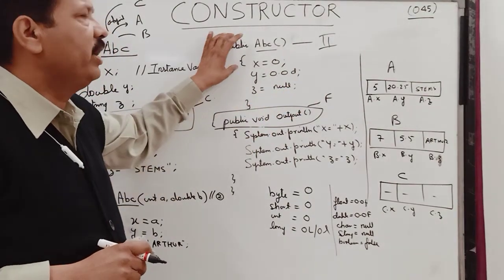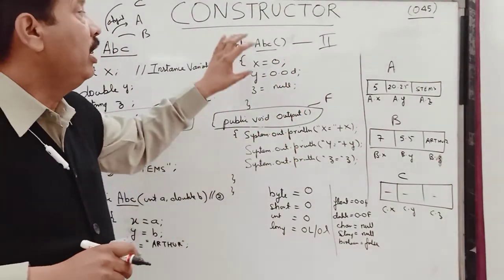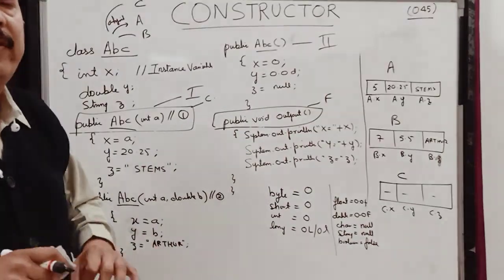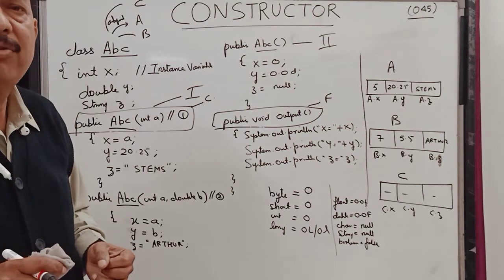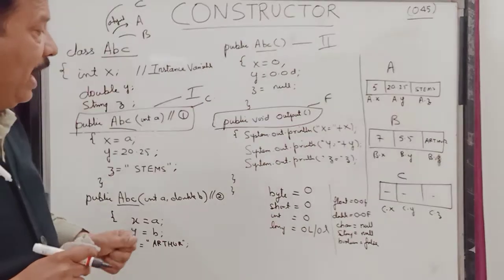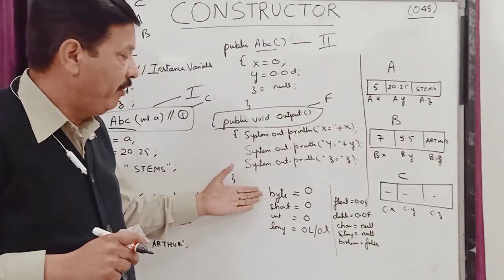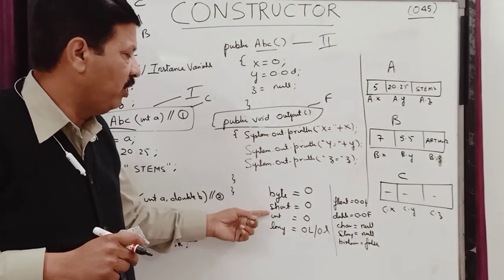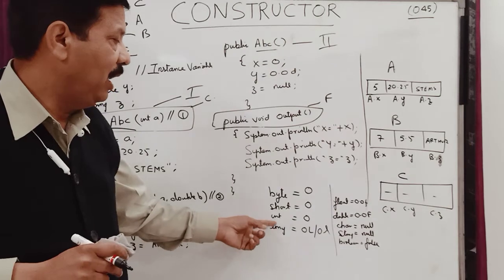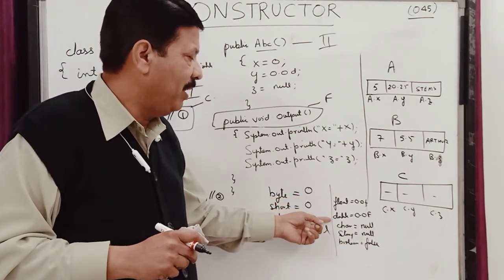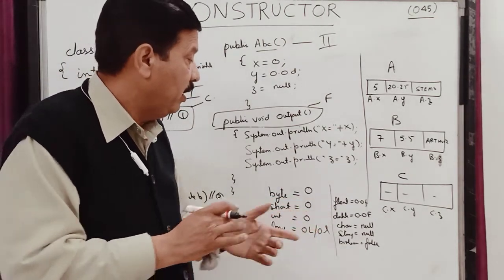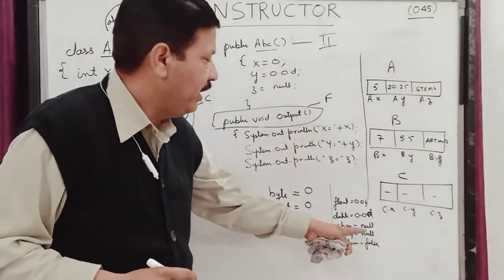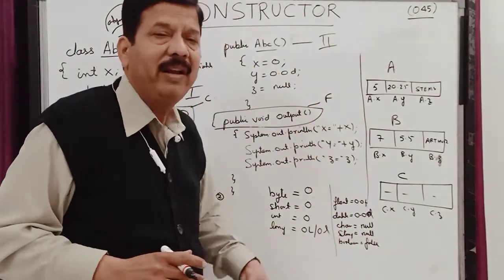The non-parameterized constructor is also called the default constructor, since it provides the default initial values to the objects being created. The default values of different primitive data types are listed over here. Byte 0, short 0, int 0, long 0L, float 0.0f, double 0.0d, then character null, string null, and boolean value is false.